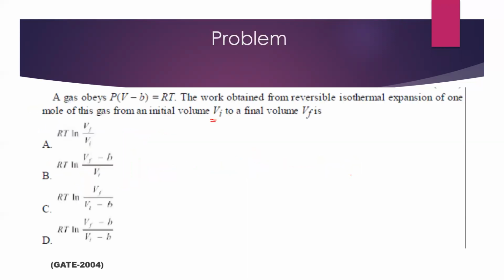This we integrate from the lower limit of Vi to the upper limit of Vf. So this comes as RT ln((Vf minus B) upon (Vi minus B)). So this is option number D.